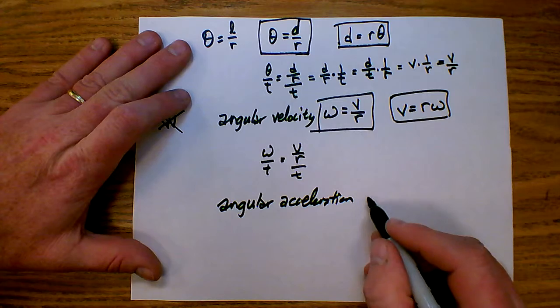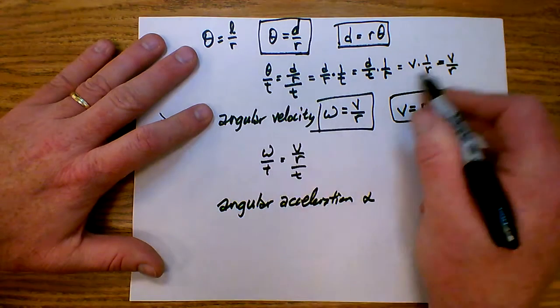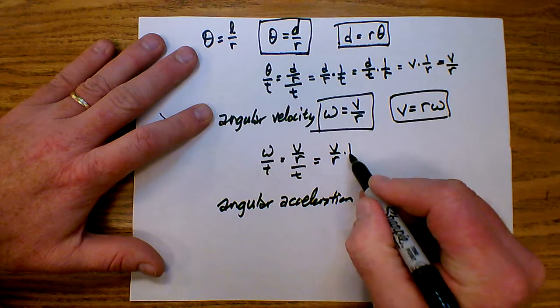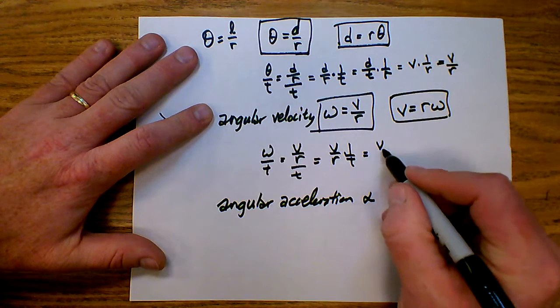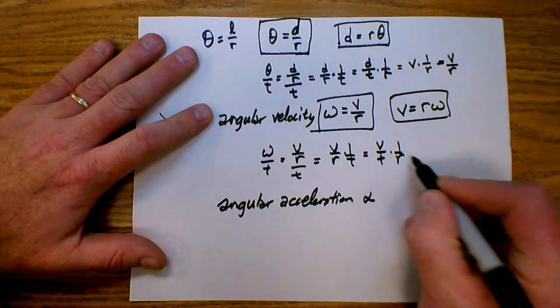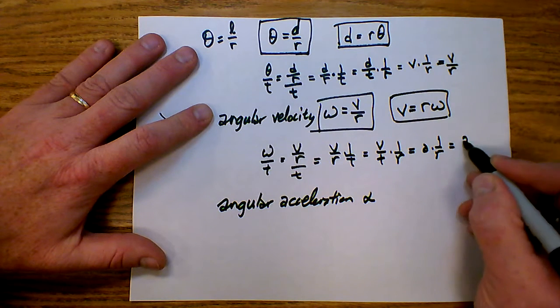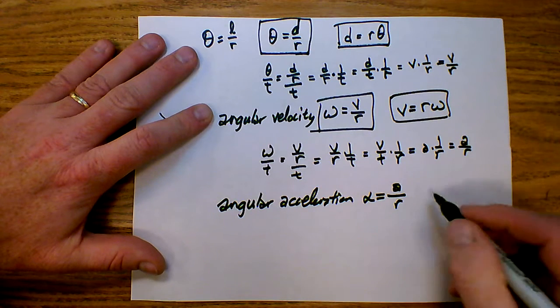Angular acceleration, the symbol we use is the Greek letter alpha. And so again, following the same kind of reasoning here, I have v over r times 1 over t, or again, you could do this with time derivative as well, which is v over t times 1 over r, which is in fact a times 1 over r, or a over r. So the angular acceleration is equal to a over r.